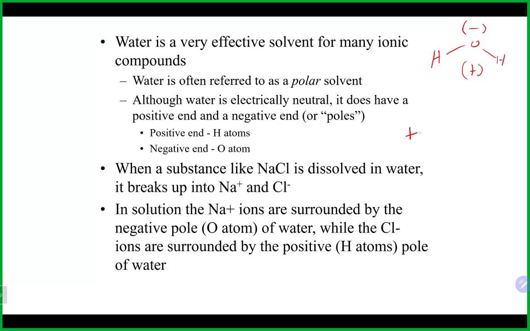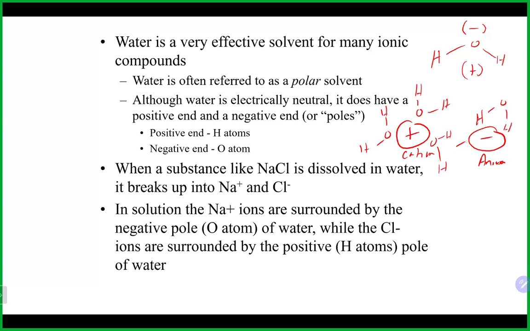What happens is water is able to basically surround those ions in solution. For example, the positive cation here can get surrounded by the negative side of water, which would be the oxygen side. And the anion, which is the negative ion, can also be surrounded by the positive side of water, which in this case would be the hydrogen.